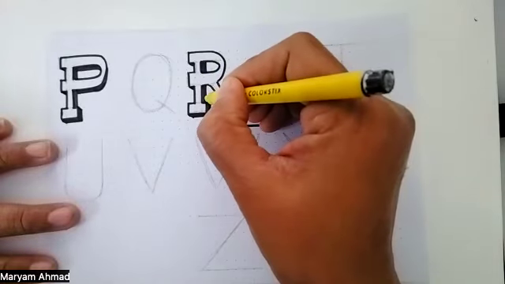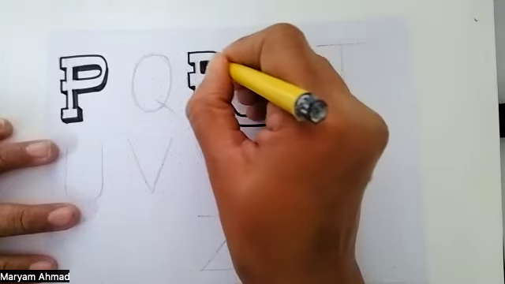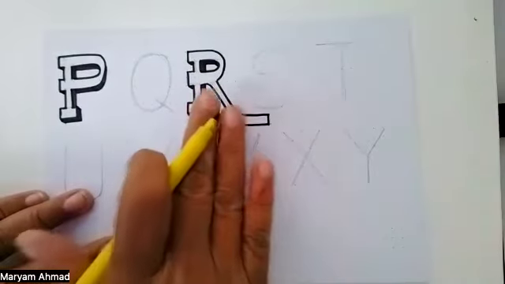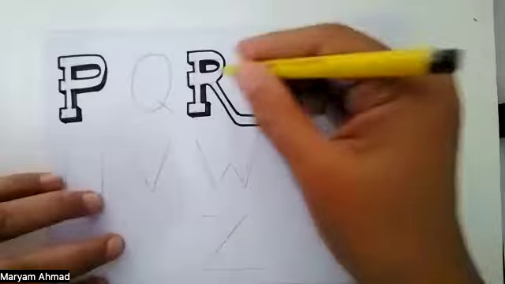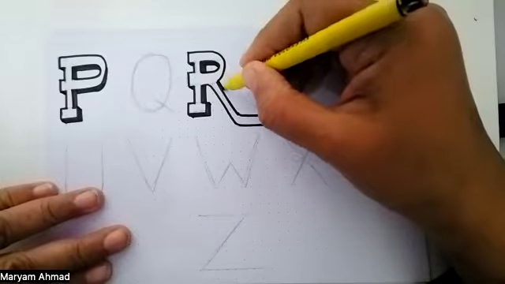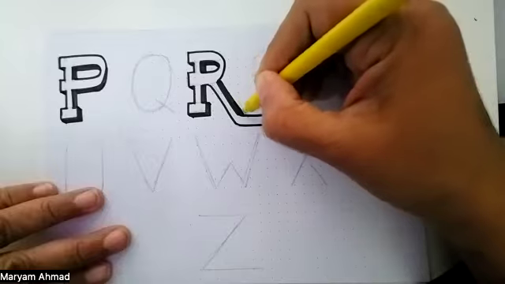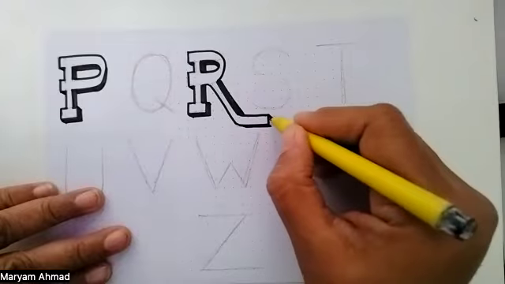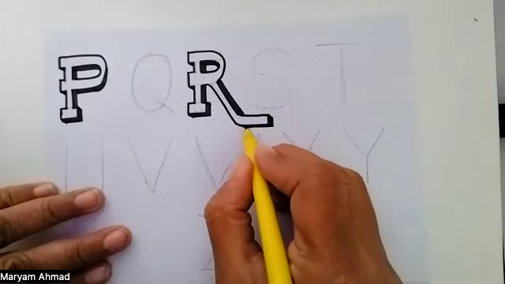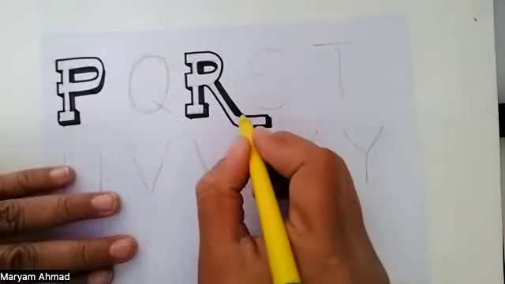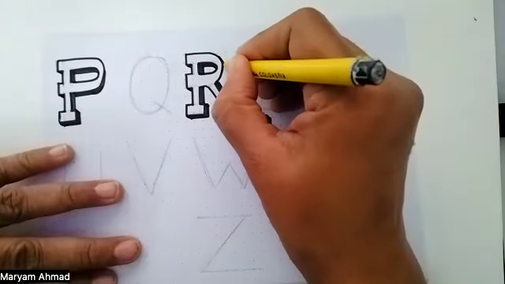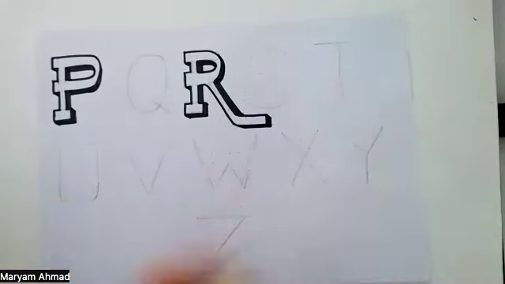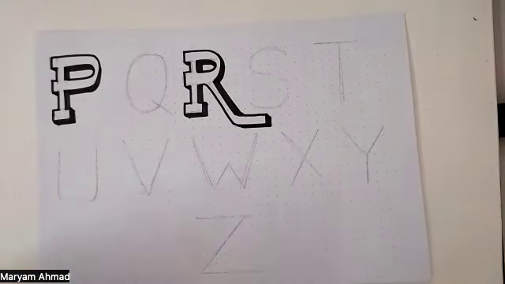This and this should be same in size. And remember, all the shadow falls on the right hand side. So we will have right hand side and the bottom. Takes a little practice. Make sure that you put in the practice. And it's important that all the alphabets that you learn, you try and use them in your words, compose words and use these kind of alphabets. It's good fun. And it's a learning thing.